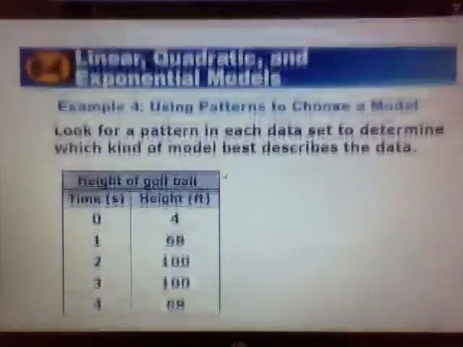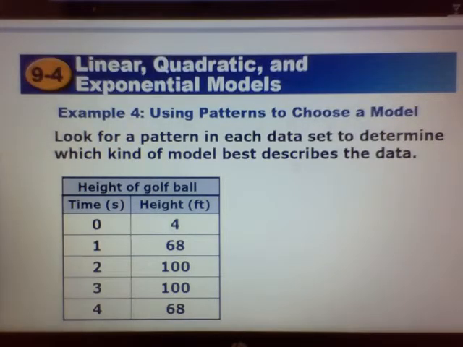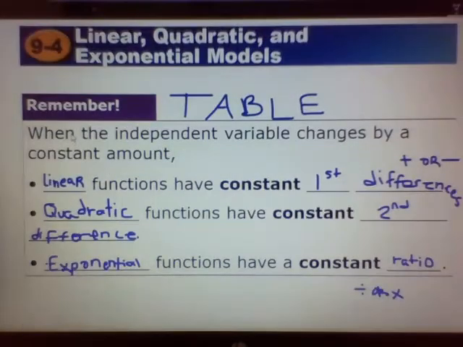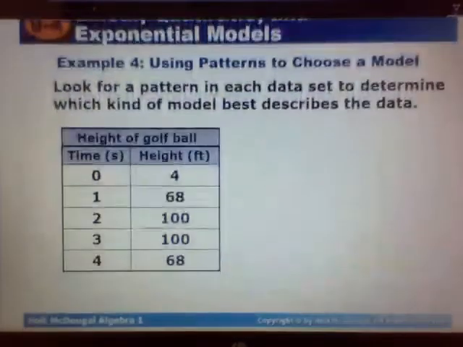So taking a look at our table, again, we're trying to use patterns to choose a model. If the independent variable, which is the x value, is constant, and taking a look at these x values, 0, 1, 2, 3, 4, those are constant. All we need to do is double check how we get from 4 to 68 to 100 to 100 to 68.